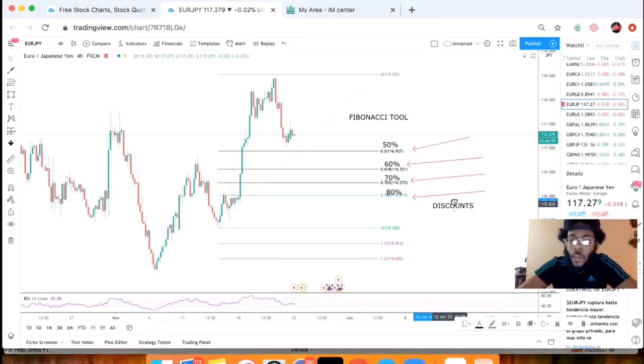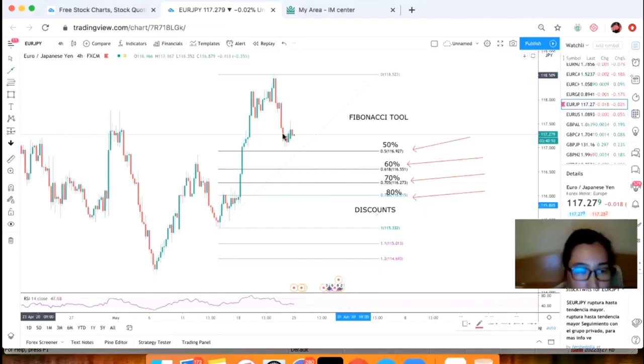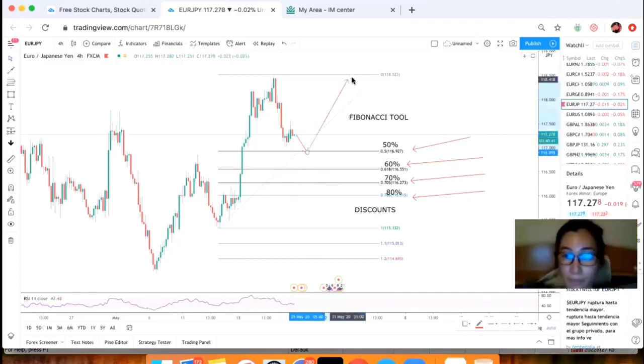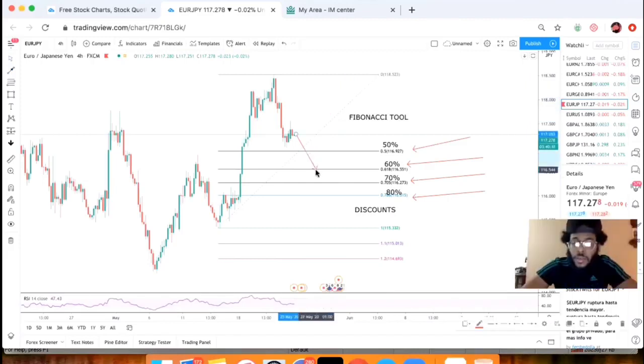It lets us see where these discount areas are. So if price is coming down, yes, we can see the 50% off, and that's where people might buy. But banks and institutions might wait for the 60%, or they might wait for the 70% to go ahead and buy.